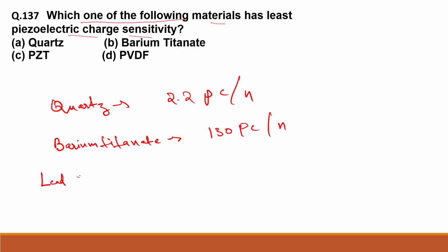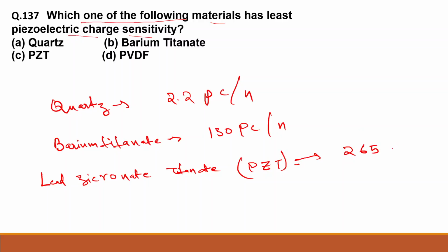Lead zirconate titanate, this is PZT, is 265 pC per N, and PVDF is 3.10 pC per N.